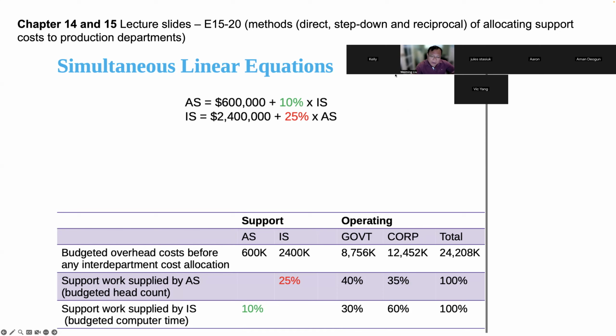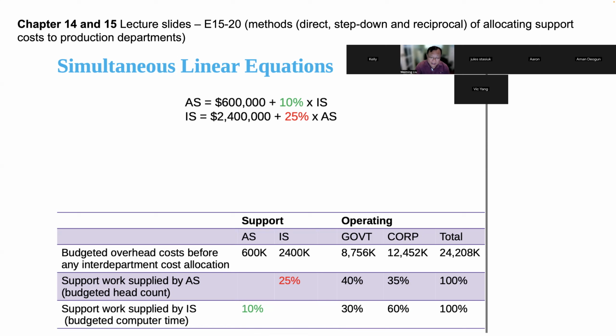So I want to know what is the cost for AS, what is the cost for IS, okay? So I would assume the cost for AS is just AS, the cost for IS is just IS.